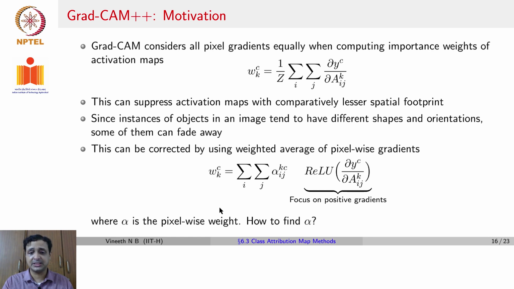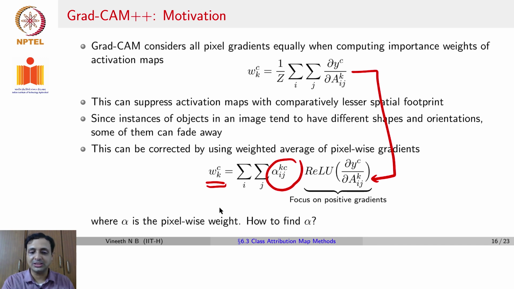Grad-CAM++ suggests that we retain the same formulation of Grad-CAM. However, this time, while computing your final weight WKC, we are going to give each pixel in each activation map a certain weight as to how they must contribute to that saliency map.